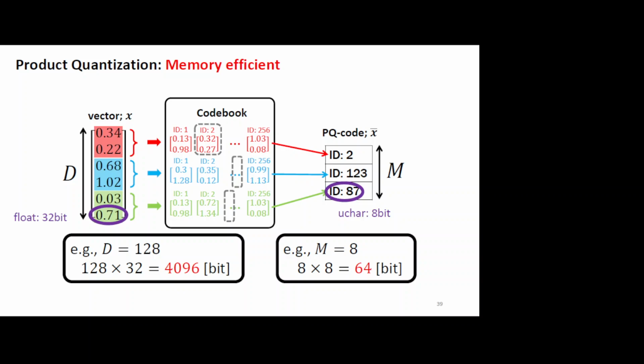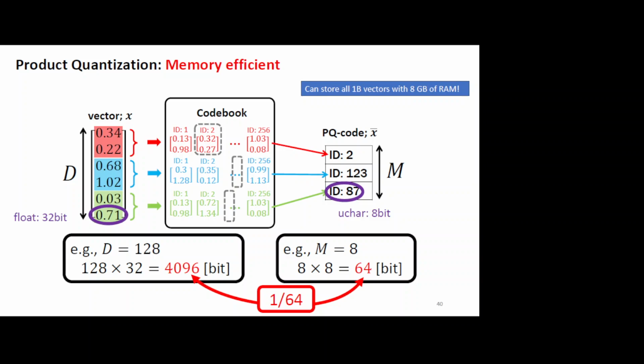But if you divide this data dimension into 8 parts, and each part uses 8 bits, one byte, so in total you just use 8 bytes to encode data points. So you can say 64 times storage saving by replacing the original with product quantization.